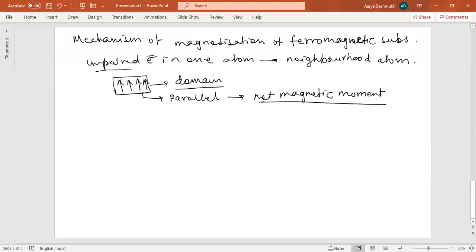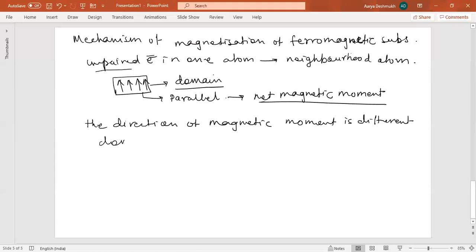Now in absence of external magnetic field, the direction of magnetic moments is different in different domains, and those are randomly oriented in different directions.